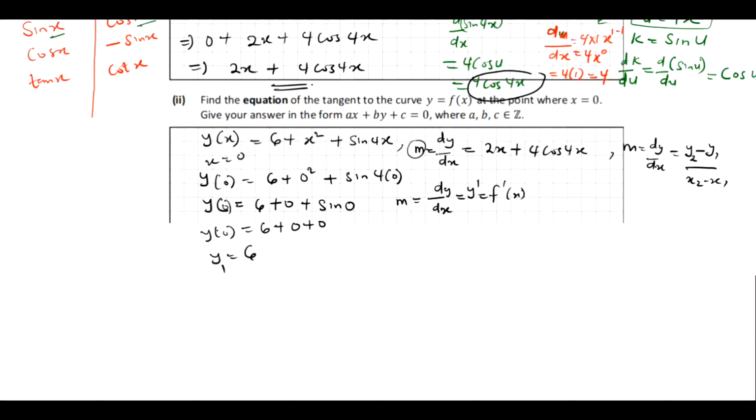So don't forget they are all the same thing as slope. So your slope, which is m, is going to be 2 times 0 plus 4 cos 4 times 0.